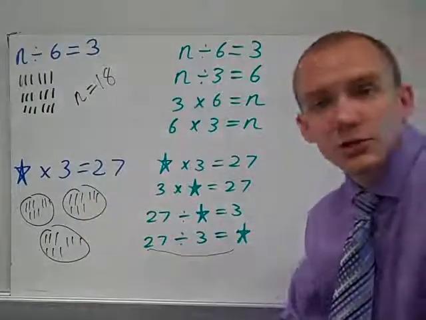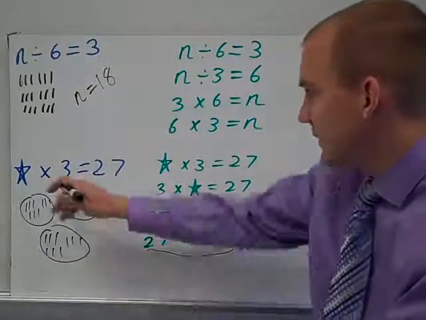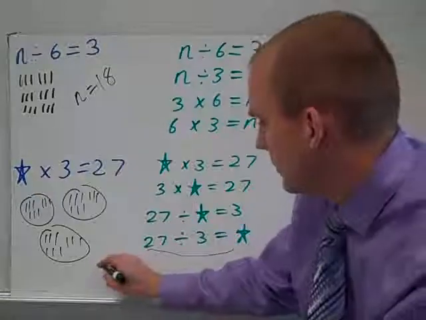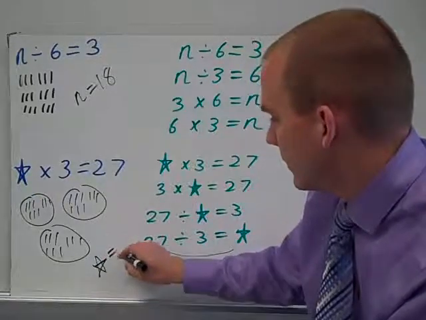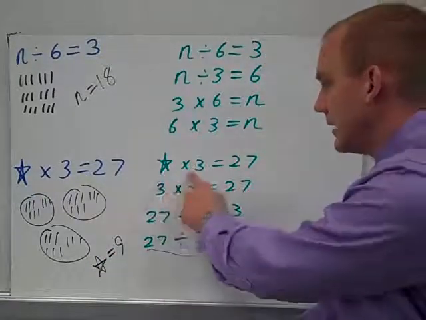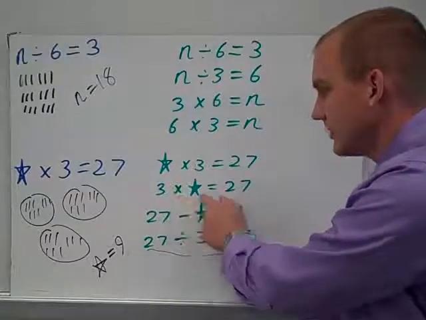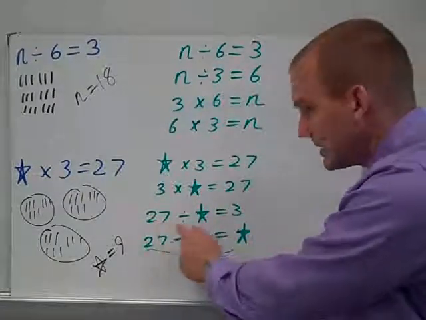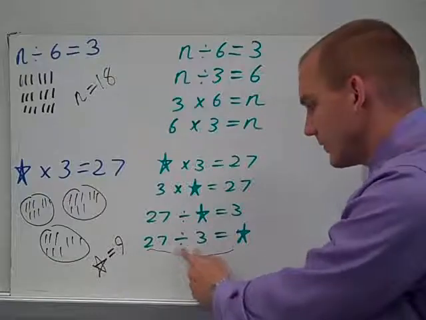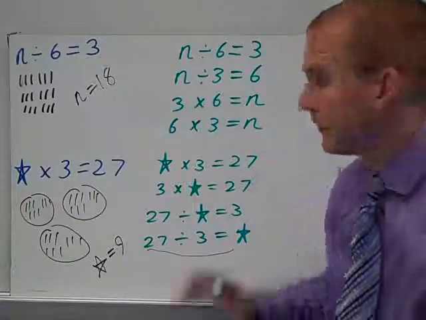So I have 9 in each circle, meaning that the star equals 9, and that would fit. 9 times 3 equals 27. 3 times 9 equals 27. 27 divided by 9 equals 3, and 27 divided by 3 equals 9.